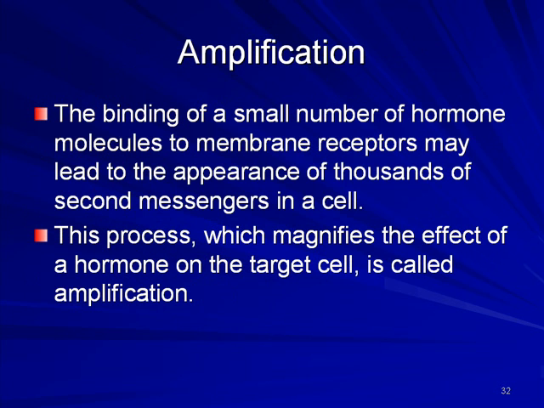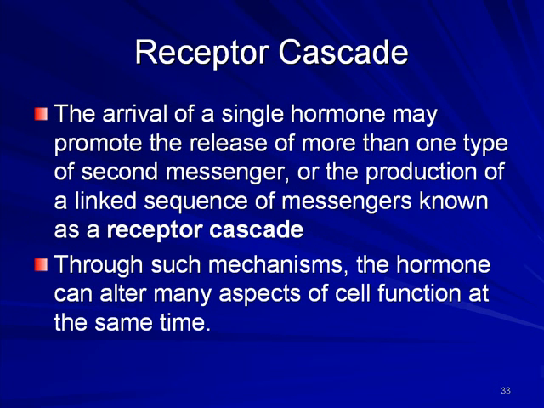Somewhere along this process is also amplification, which is basically the binding of a small number of hormones to a particular membrane receptor, which leads to the appearance of thousands of secondary messengers, which will help carry on this process. The more secondary messengers that are available, the more it magnifies the effect of the hormone on the particular target cell.